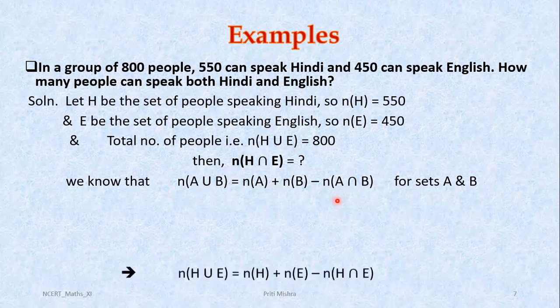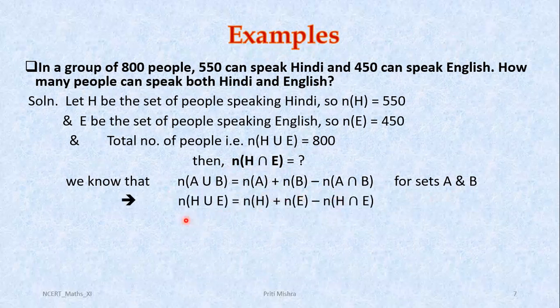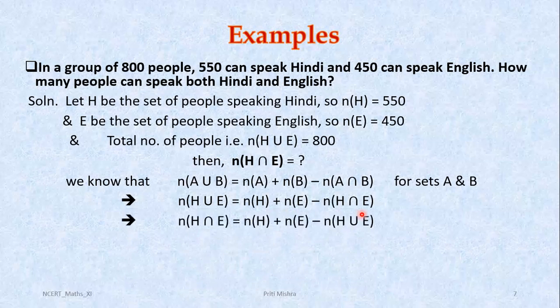Now we can write it for sets H and E like this: N of H union E is equal to N(H) plus N(E) minus N of H intersection E. As we have to find N of H intersection E, I'm going to shift this term from the right hand side to the left hand side, and N of H union E from the left hand side to the right hand side.